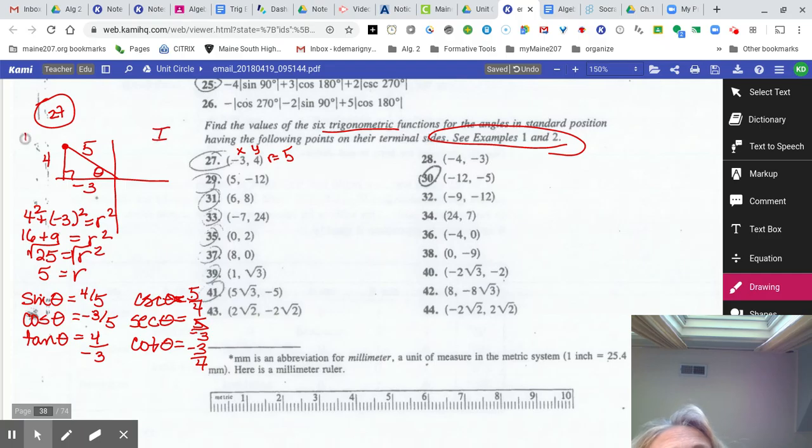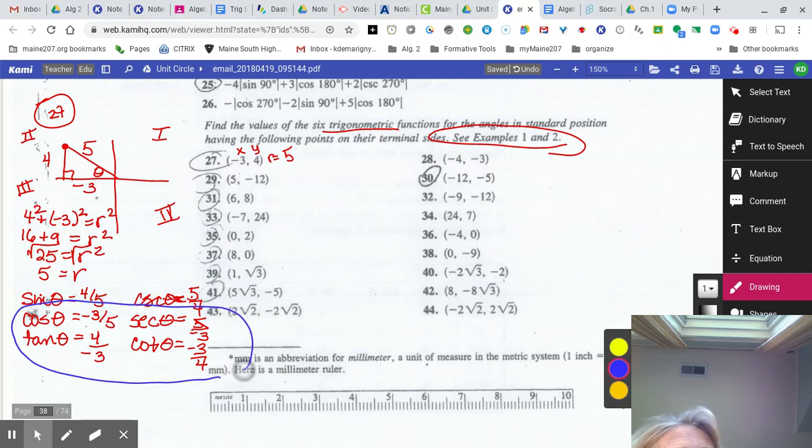Remember, this is quadrant 1. This is quadrant 2. This is quadrant 3. And this is quadrant 4. Did you notice, let me get a different color, that all of these down here were negative, but you had sine and cosecant that were positive? Do you remember that you are in the second quadrant and that they are all positive in the first?